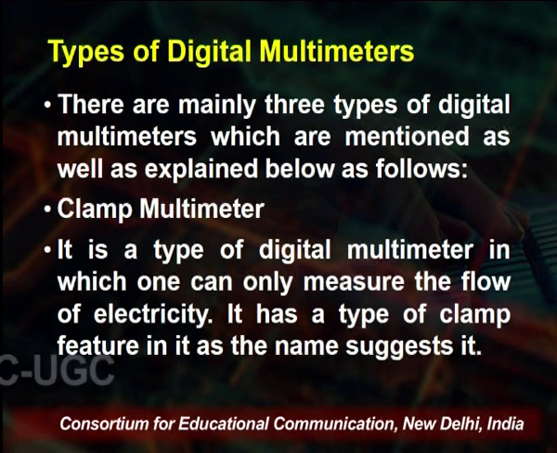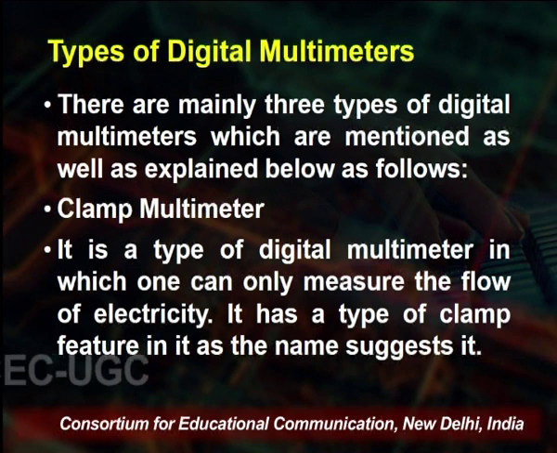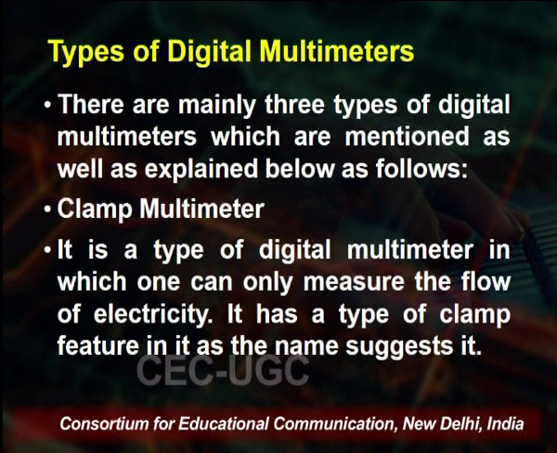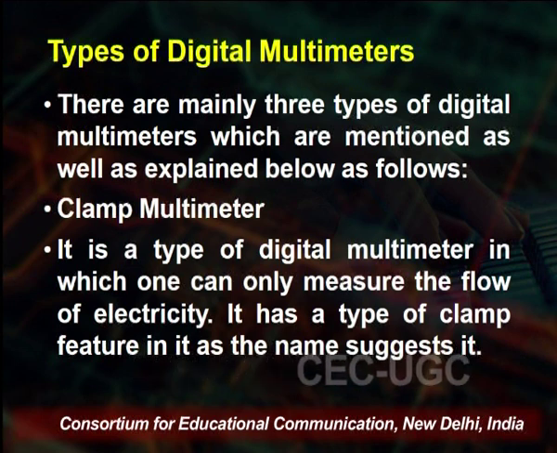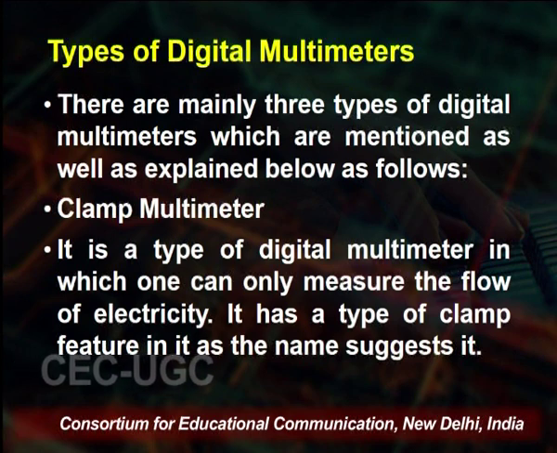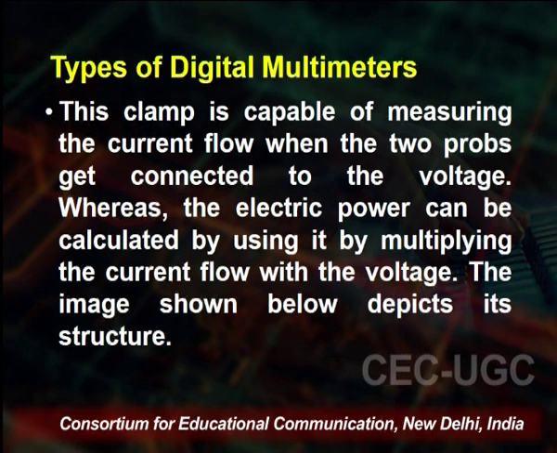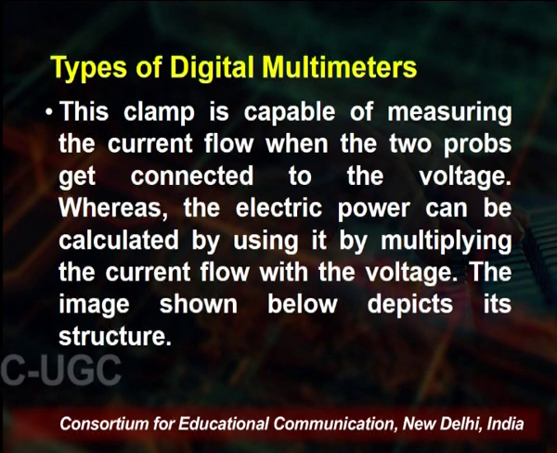It is a type of digital multimeter with which one can measure the flow of electricity. This is the clamp multimeter where we can measure the flow of electricity. It has a clamp feature, and as the name suggests, this clamp is capable of measuring the current flow when the two probes get connected to the voltage.